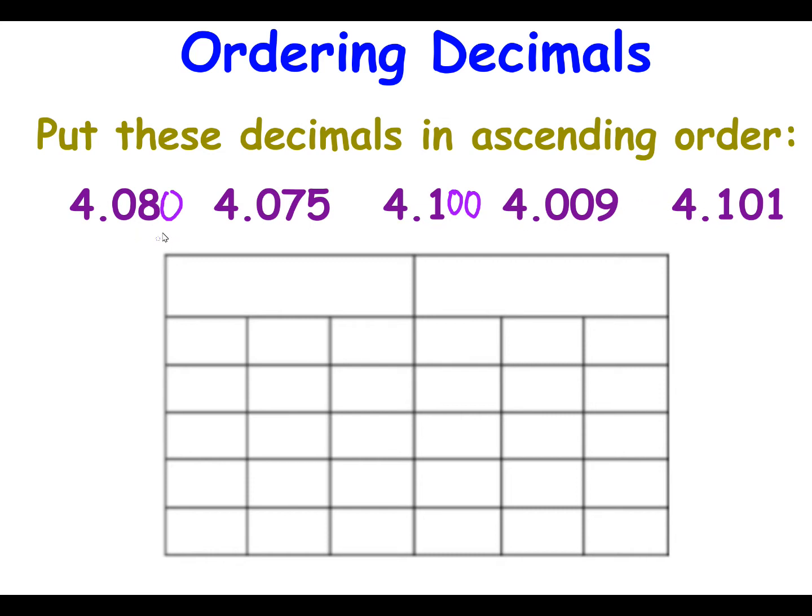So we're now ordering decimals. So I have 80, 75, 100, 9, and 101. Now, because it says ascending order, we're going from the smallest value to the biggest. So our smallest value is the number 9. So that's 9 thousandths. The next smallest number is 75. And the next after this is 80.